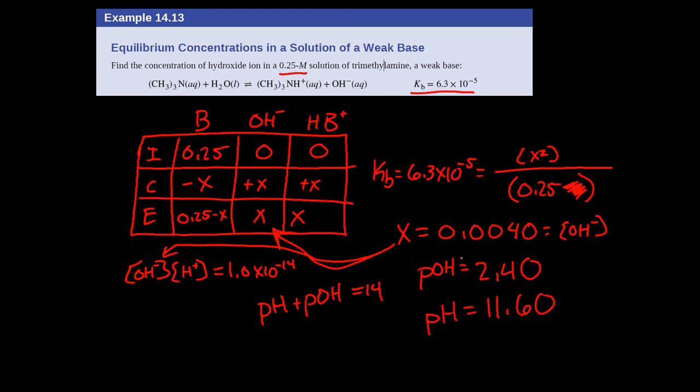I would say at least once or twice every exam. If I include a question like this, where you're doing a weak base, someone will forget that what they actually have here at the end is not the concentration of H+, it's the concentration of OH-, and they'll forget to convert from one to the other, and they'll have a very wrong pH value.